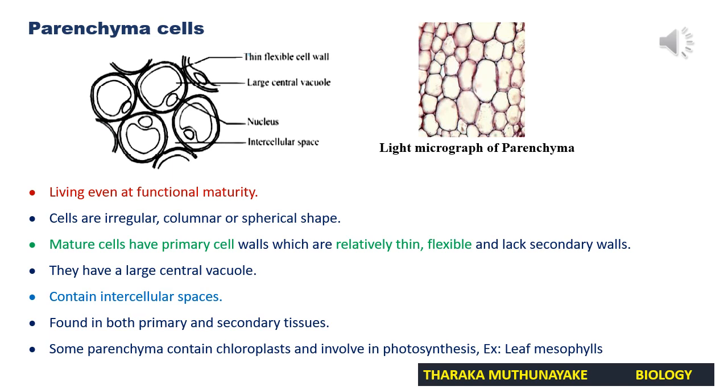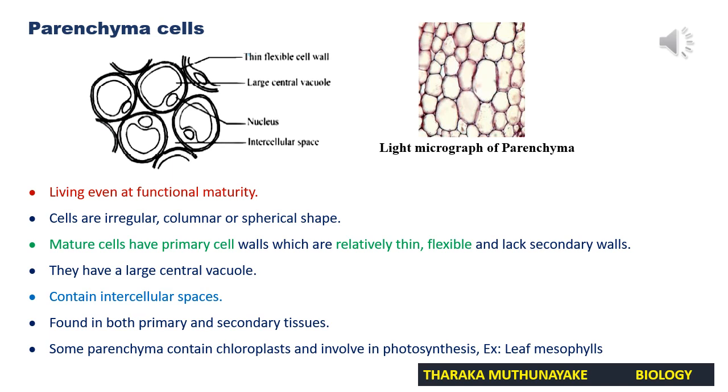Okay, then the third one, mature cells have primary cell walls, which are relatively thin, flexible, and lack a secondary cell wall. Remember that. Since parenchyma cells have only a primary cell wall, materials can easily exchange through it. Therefore, it remains living even at maturity. Okay, then they have a large central vacuole. You can observe it clearly in the diagram.